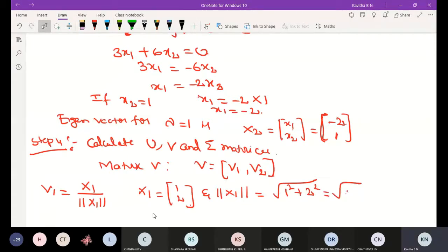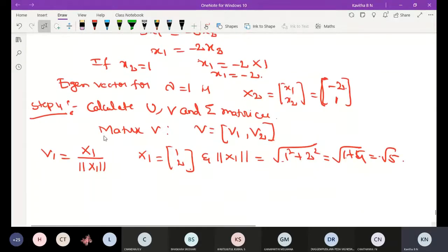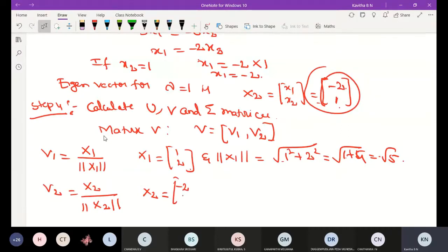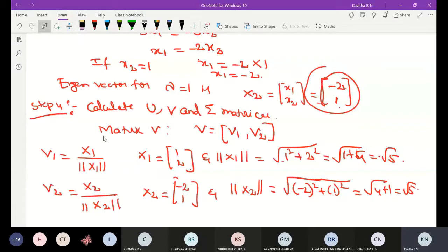Then similarly find out v2. Okay, v2 is equal to x2 by normal length of vector x2. Just now we found x2 is minus 2, plus 1. Substitute here minus 2, plus 1, and the normal length of vector x2 is square root of minus 2 whole square plus 1 whole square, is nothing but 4 plus 1, which is 5, square root of 5.